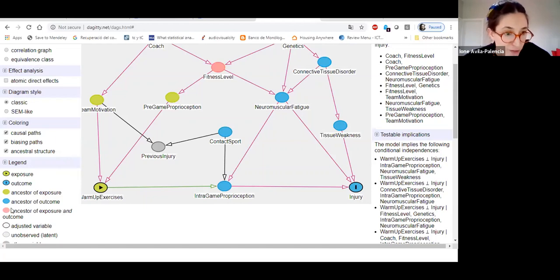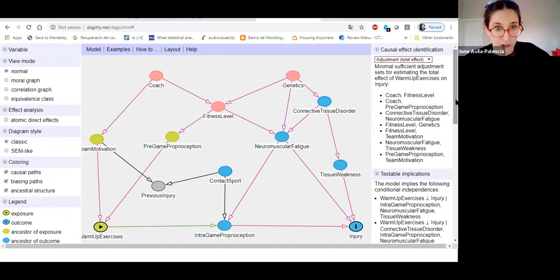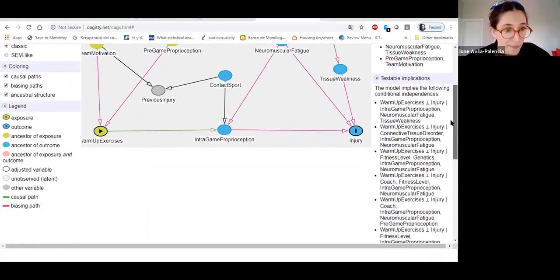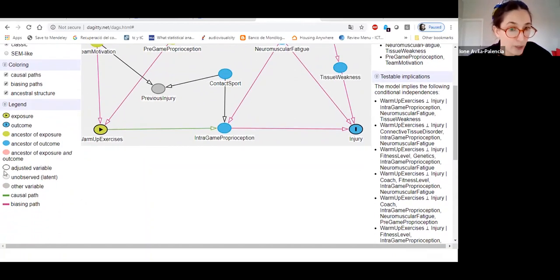Then we also find these red representations that mean ancestor of exposure and outcome, so actually the confounders. In this case, we have coach, fitness level, and genetics. Adjusted variables are represented in white with a black outline. Unobserved variables are represented in light gray, and other variables in dark gray.